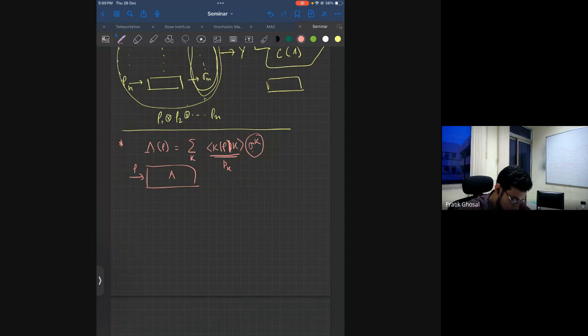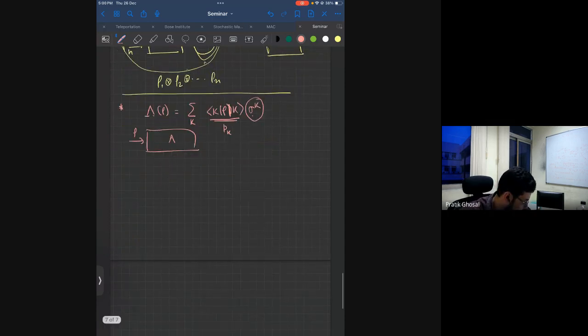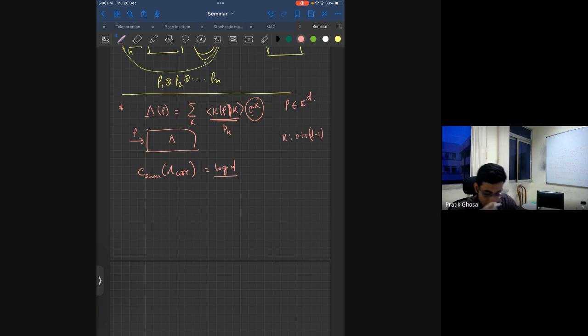Now you can see that the corrected capacity of this channel is, if you take K to be between 0 to d minus 1, and this rho belongs to C^d, then you can show that the corrected capacity of the channel lambda is actually log d. So you get full information of what was being sent. With environment assistance, you are getting the full information of what classical index was being encoded into this rho state.